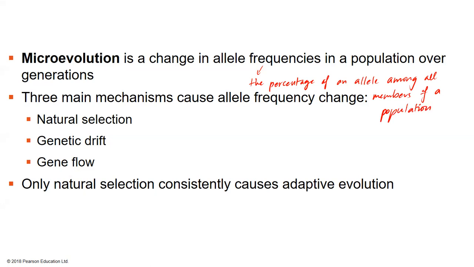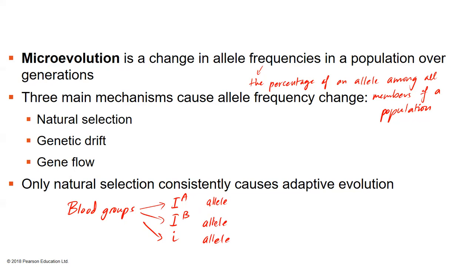So, for example, we know that blood groups are based on the following alleles. We have IA, IB, and small letter i. So this is an allele, this is another allele, and this is another allele. Okay, these are alleles.